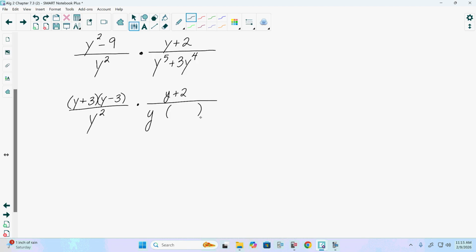The smallest exponent attached to a y in that expression is 4. So if I take 4 y's away from y to the 5th, it's going to reduce it from 5 to 1. So just y plus. Still have the 3, because we're not messing with the numbers. But if I take 4 y's away from y to the 4th, I take them all away. It's just 3.